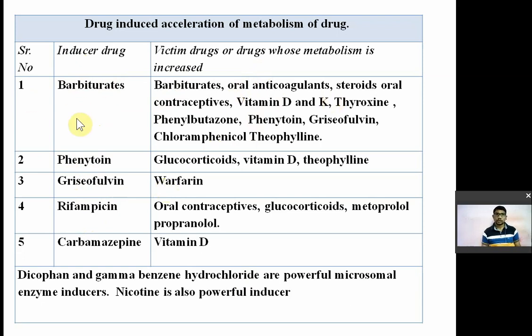Barbiturate is an enzyme inducer drug. It will increase the metabolism of barbiturates, anticoagulants, steroids, oral contraceptives, vitamin D, vitamin K, thyroxine, phenylbutazone, phenytoin, griseofulvin, chloramphenicol, and theophylline. So these drugs are nothing but the victim drugs.